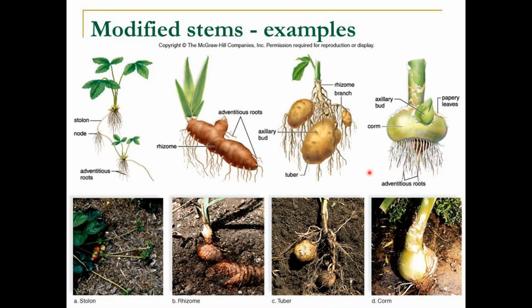And adventitious roots can come out of anywhere from the plant, not necessarily from the root itself. They can come out from the stem, from branches, from certain parts of the leaf, so adventitious roots can emerge from anywhere on the plant, not just from the below-ground components.